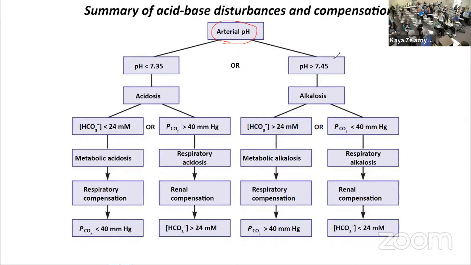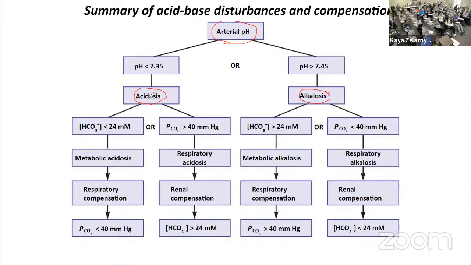Okay. So our first step is to determine whether our pH is between 7.35 and 7.45. If it's not, we've got a problem. So if it's too low, acidosis. If it's too high, alkalosis. So we're going to run through our acidosis first.